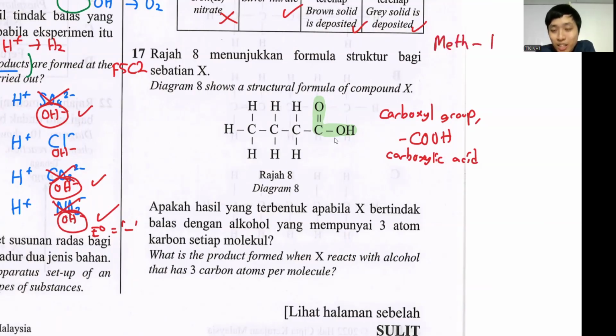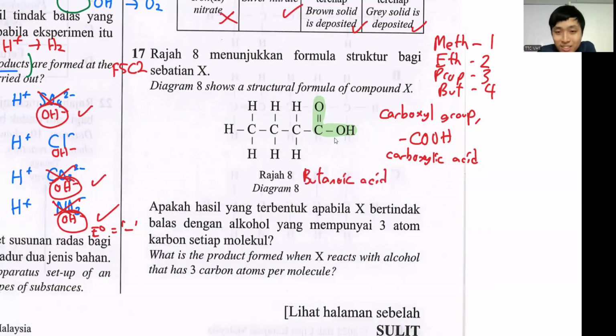For those who are still lost, meth is 1, eth is 2, prop is 3, but is 4. So the name is butanoic acid.